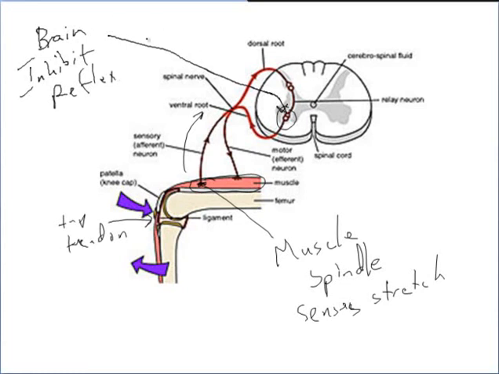So that means if there's a problem with this pathway between the brain and the spinal cord, the reflex will look exaggerated. So in problems like strokes or brain tumors, reflexes will look exaggerated. If there's a problem between the spinal cord and the muscle, the reflex looks diminished or absent.